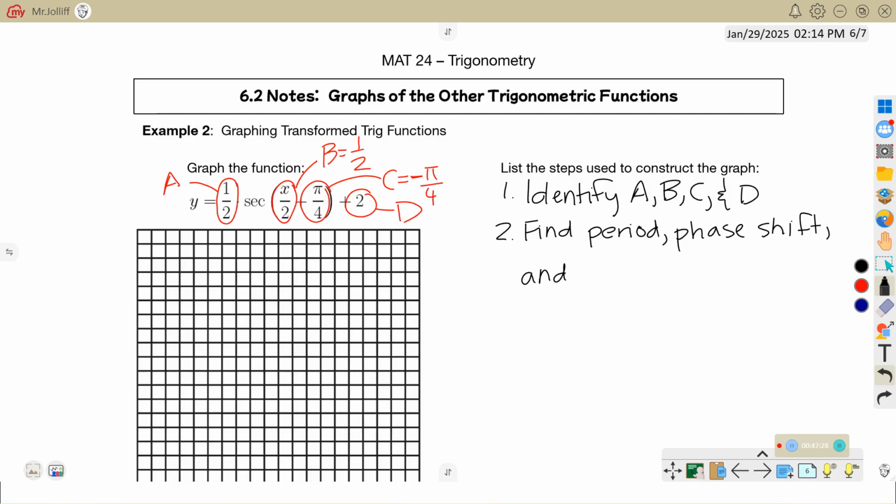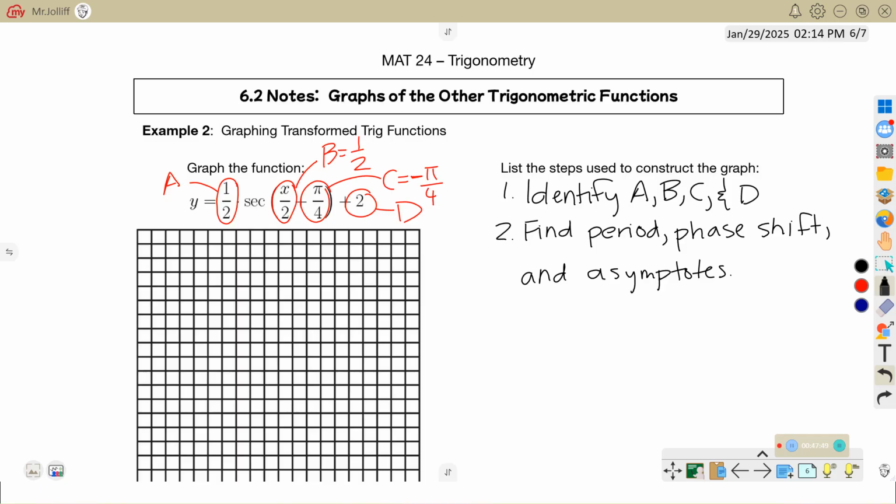And third thing we found, asymptotes. Those are the things we have formulas for that use A, B, C, and D. Yeah, very good.